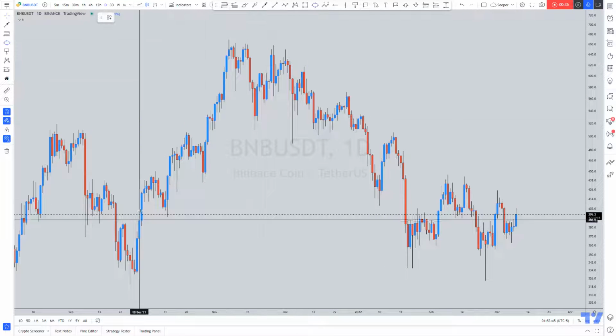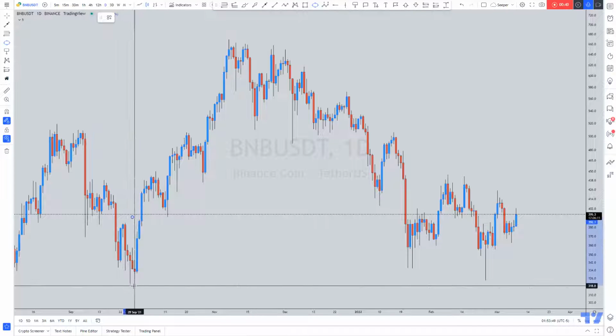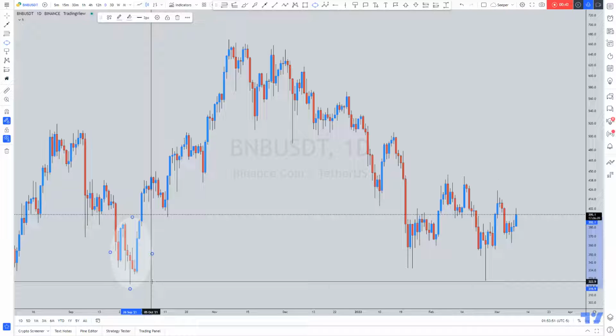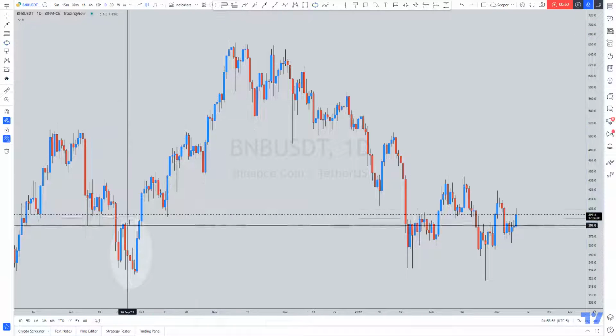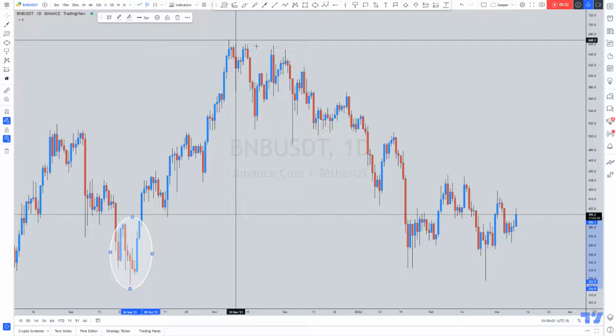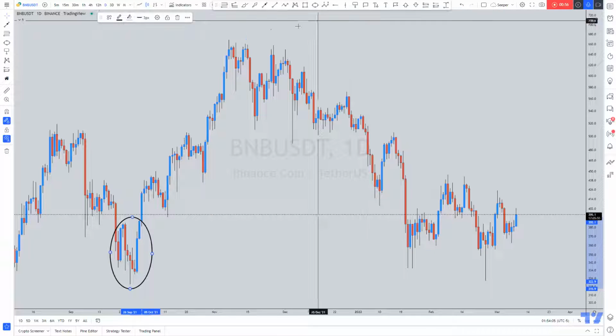The first thing we want to do is identify our highs and lows. So I'm going to identify this right here as my low. Let's make that black.